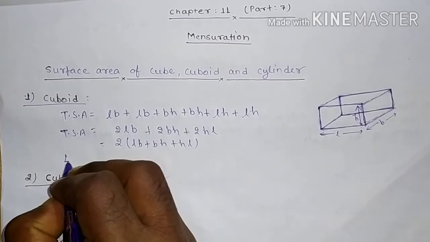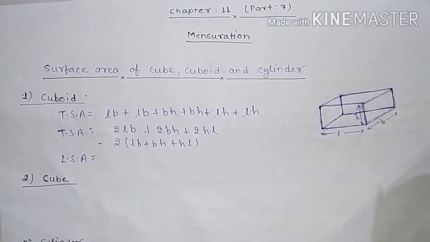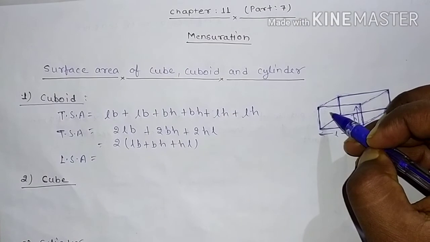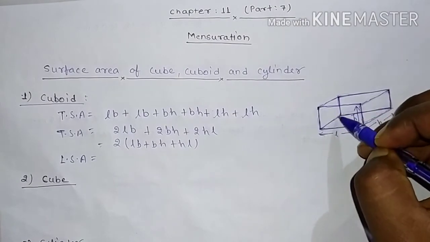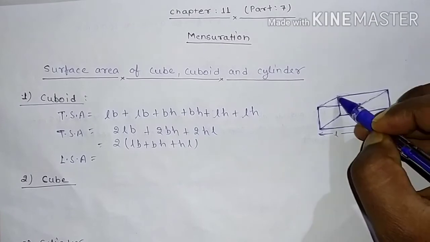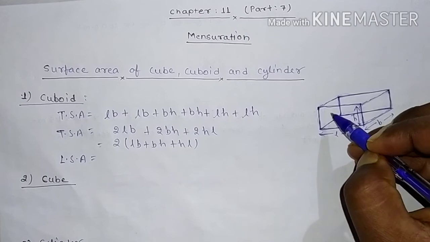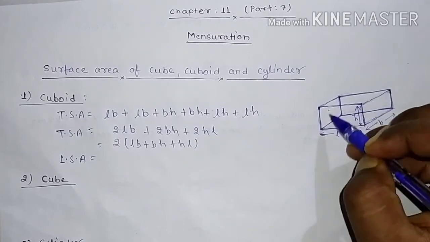Now lateral surface area. What is lateral surface area? Simply the area of all 4 walls. Just leave the bottom surface and upper surface. What is left? The 4 walls, that is 1, 2, 3 and 4, like the 4 walls of a room.